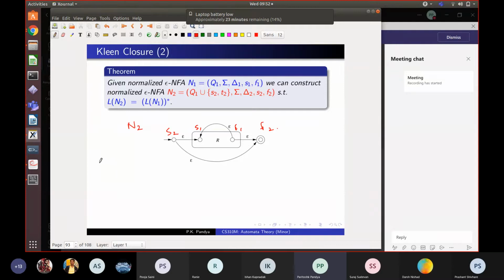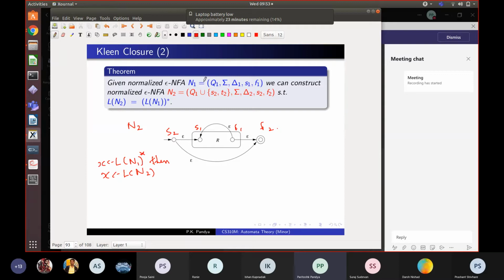So first what we will prove is if X belongs to the language of N1 star, then X belongs to the language of N2 that we have constructed.